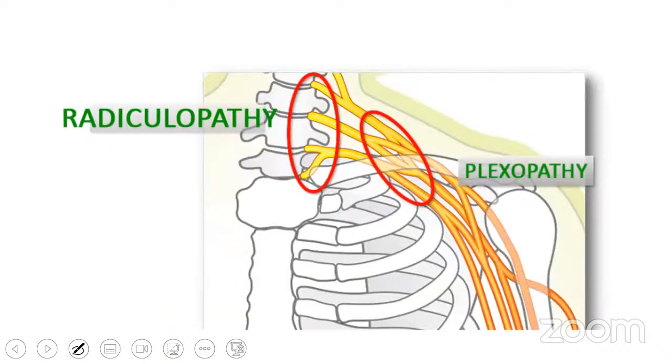Radiculopathy, and the plexopathy is distal to the radiculopathy. If there is involvement of the suprascapular nerve, which supplies the supraspinatus and infraspinatus, and of course the lateral cord muscles and the medial cord muscles, these can be studied also.